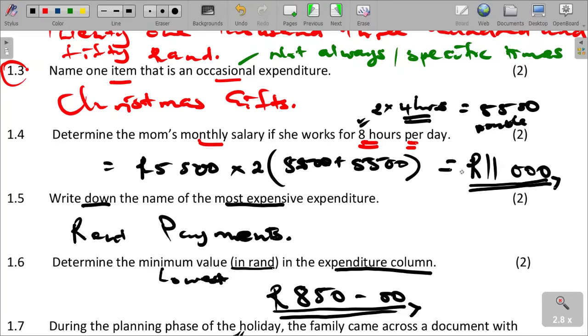Therefore we get 11,000. The mom's salary for 8 hours is 11,000 rands.